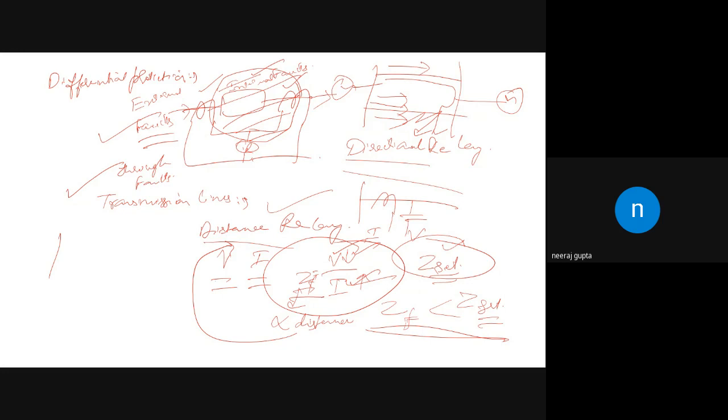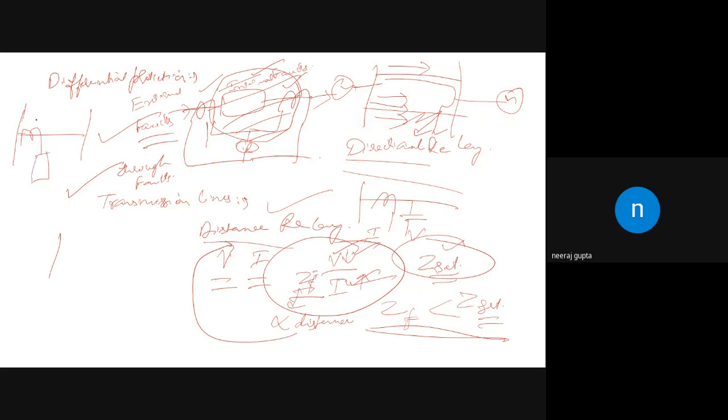So the farthest point from the relay location, which is still inside the zone, is known as the reach. Let us suppose we want to protect this transmission line, and the relay is connected here, and this zone is protected.